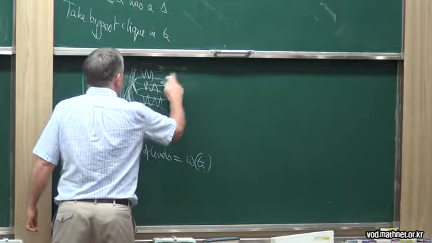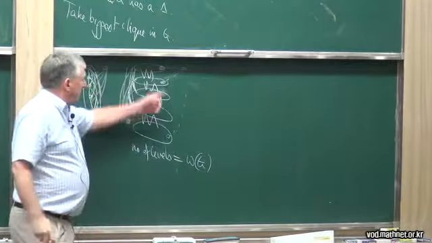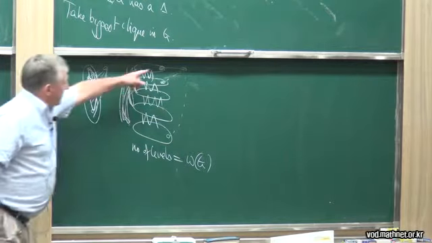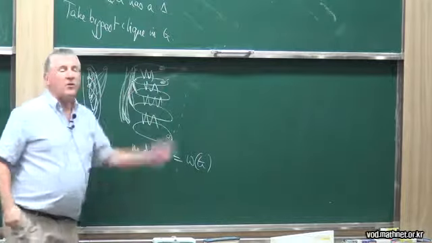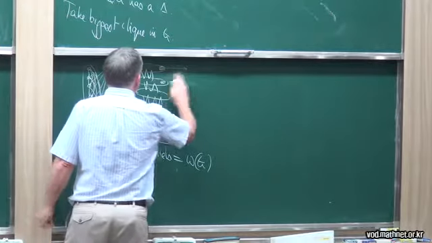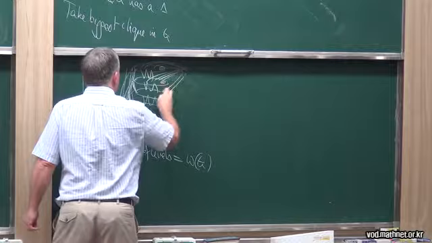If it's got a neighbor and non-neighbors in two of them, that's a paw. That's impossible. These make a triangle, and these join to one vertex of the triangle. So as soon as you have one neighbor, there can't be two of the sets where you have non-neighbors. So you're completely joined to all except one of the sets.